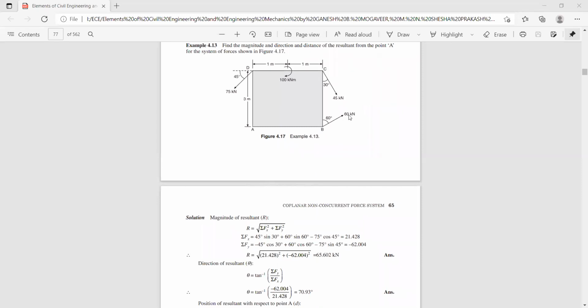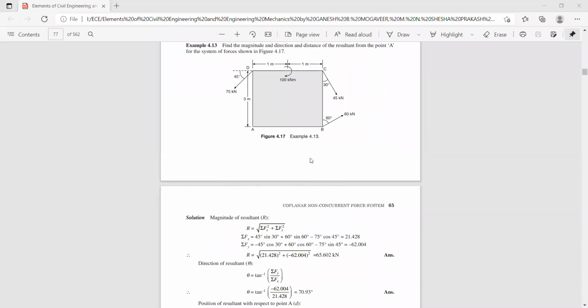Next, if you resolve this force, its components are 60 cos 60 and 60 sin 30. Sorry, it's 60 cos 30 and 60 sin 30. For the 60 cos 30, its perpendicular distance is 0. So hence moment is 0. And for the 60 sin 30, it is acting in the upward direction, and it creates an anti-clockwise movement with respect to this point, and the perpendicular distance is 2 meters.